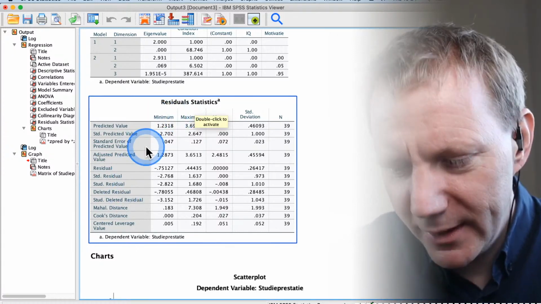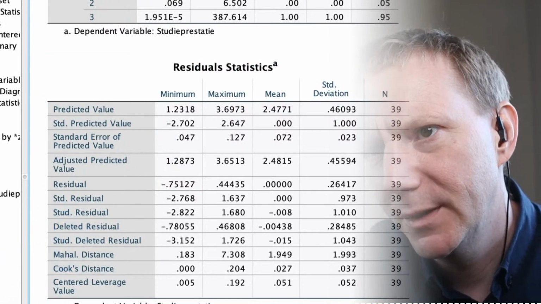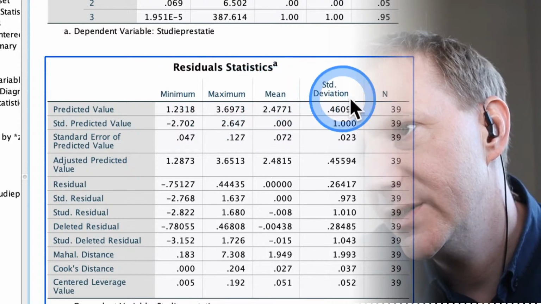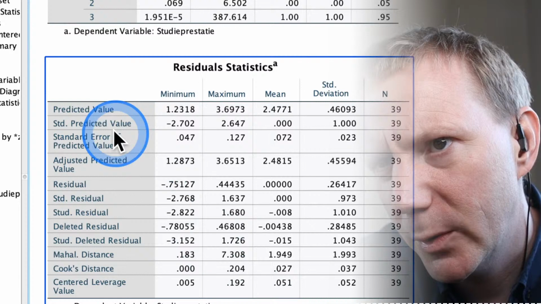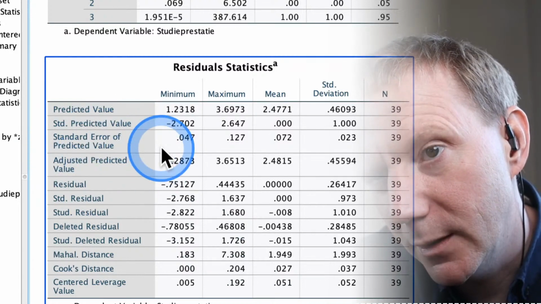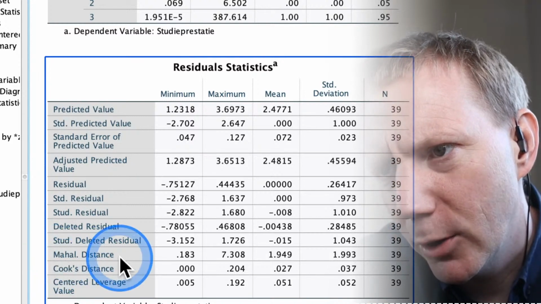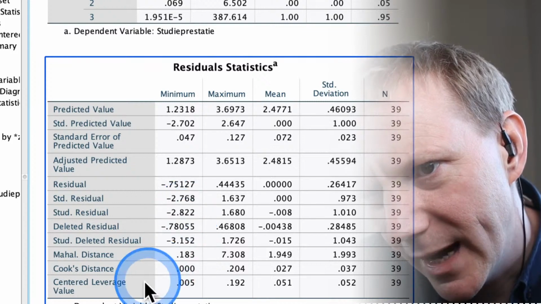So what we have here is some descriptive statistics on the diagnostics. We see the minimum, the maximum, the mean, standard deviation, etc. And the things that are of most interest to us are the Mahalanobis values, the Cook's distance, and the leverage.